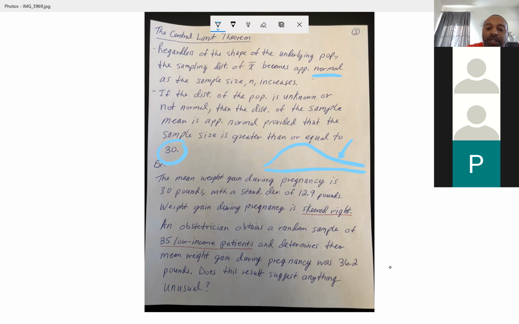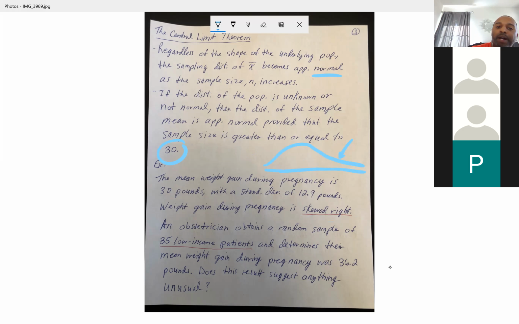So an obstetrician obtains a random sample of 35 low-income patients and determines their mean weight gain during pregnancy was 36.2 pounds. Does this result suggest anything unusual? Even though our data is skewed right, that's not a normal distribution.